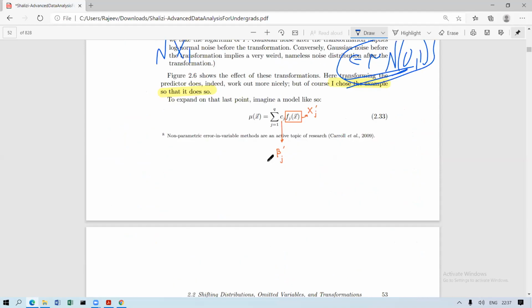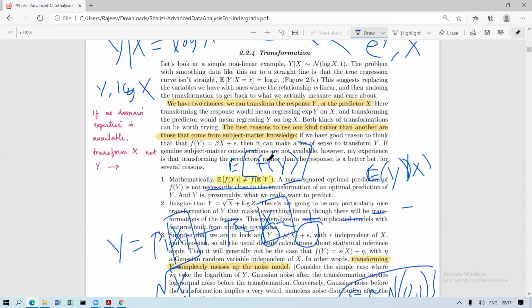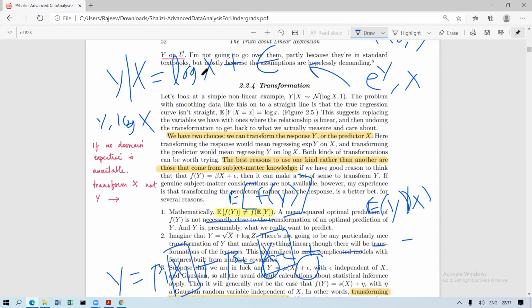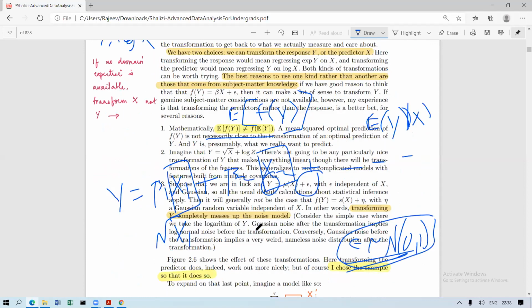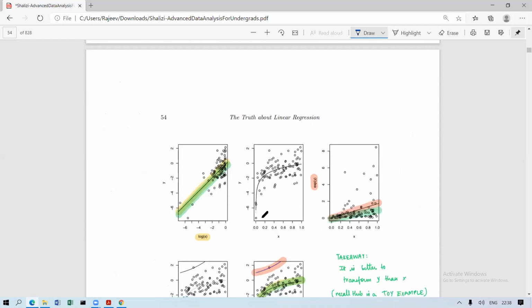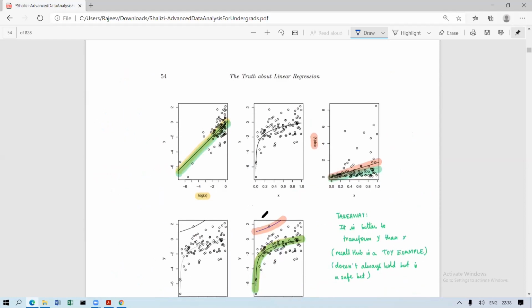So he gives an example for that. He takes this example, y given x with log of x. In one case he has transformed x to log of x, and in the other case he has transformed y to e to the power y. So the results he gets are, here this is how the actual curve is.